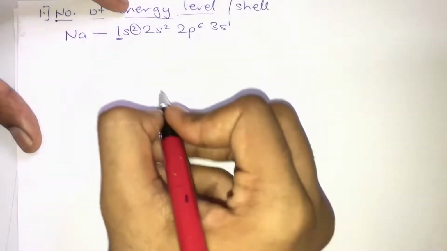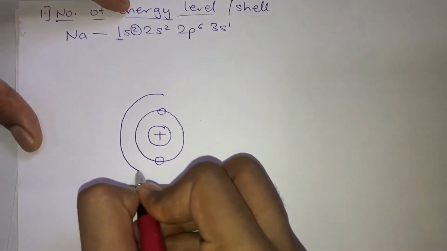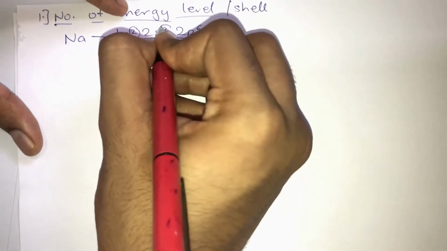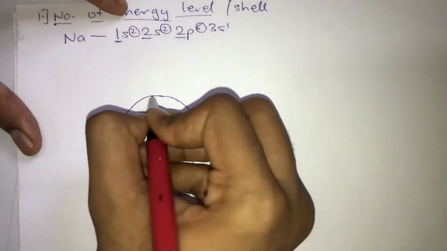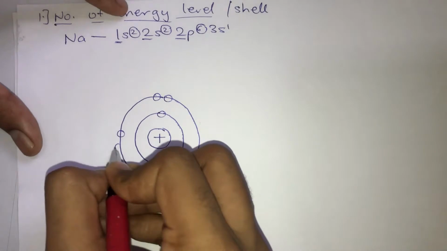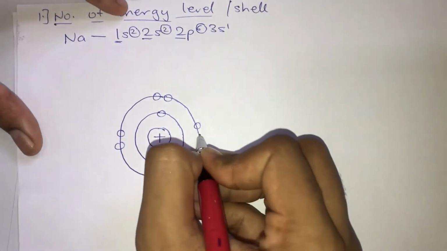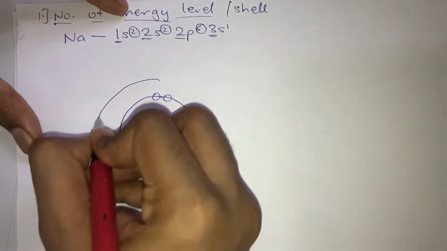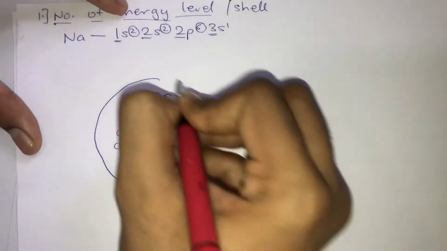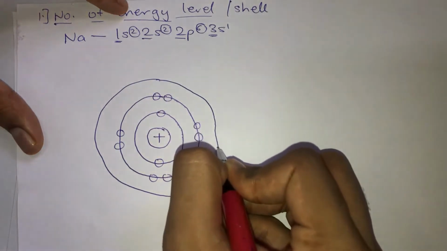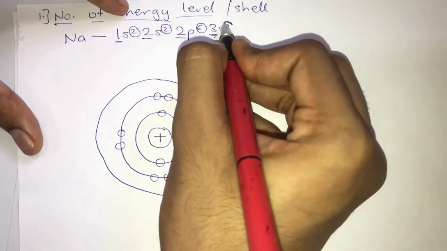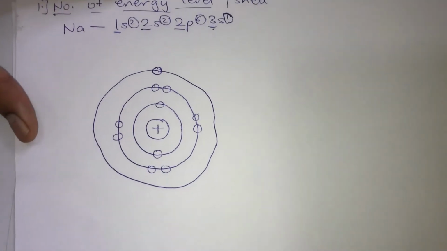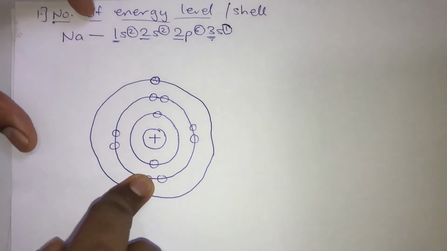Next in the second energy level, there are 2 plus 6, total 8 electrons present. Am I right? And in the third energy level, there is only 1 electron present. So this is an atom of sodium.